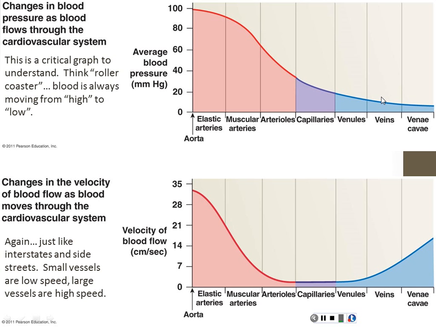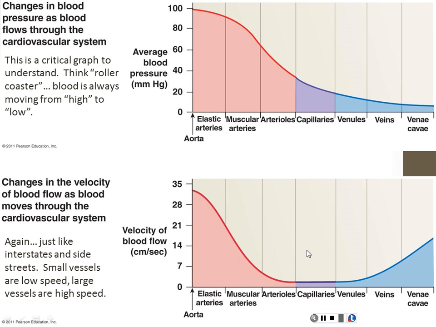So the pressure in the atria is very, very low. So even though the veins don't have much pressure, it's still enough to get blood to flow back up towards the heart, like from the feet, and into the roller coaster again, get pumped back up, and then go down. Okay, so that's an important one.